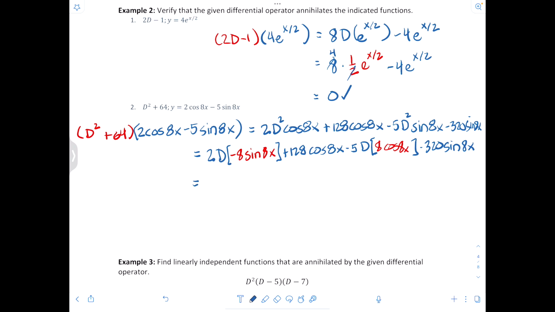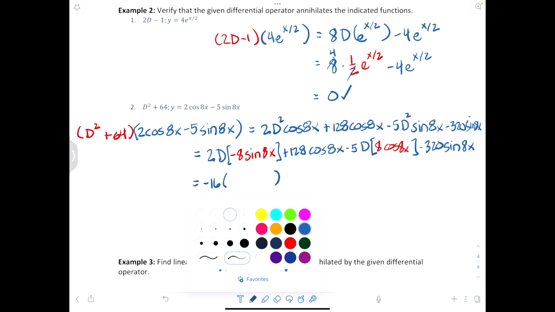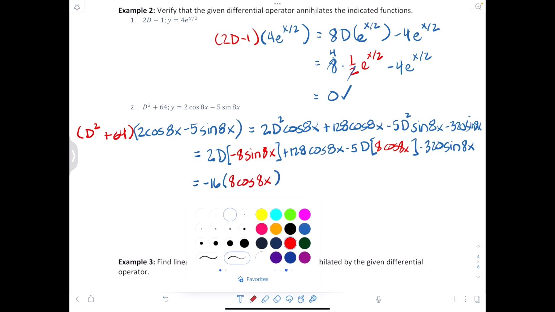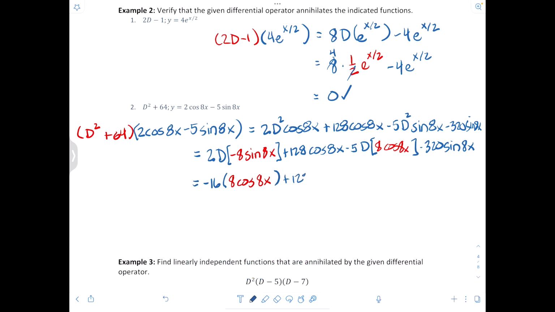Now, differentiating again, I'm going to bring this negative 8 to the 2, we'll get negative 16 times that second derivative, which will be 8 cosine 8x, plus 128 cosine 8x, minus 40 times the first derivative of cosine 8x, which will be negative 8 sine 8x, minus 320 sine 8x.